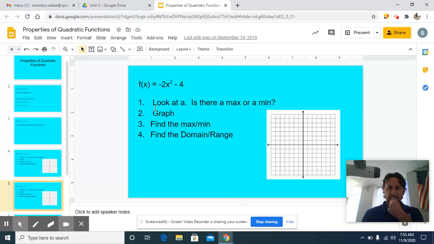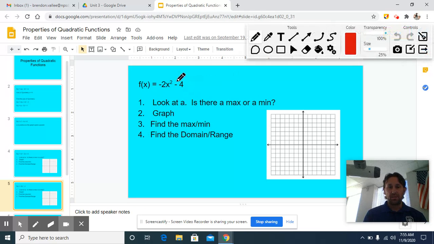If you look at this graph right here, if I'm going to graph this one, there's no x. So that's really -2x squared plus 0x minus 4. Okay, so the -b over 2a that you've done before, that's going to be 0.